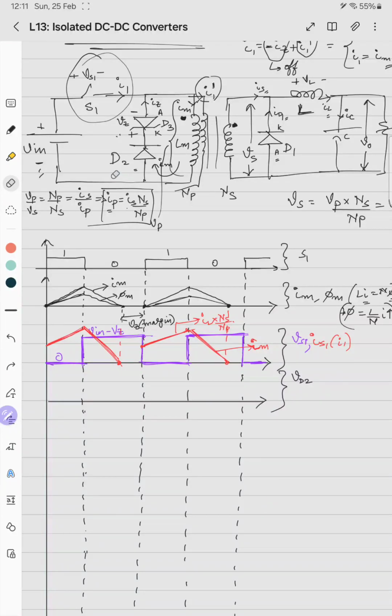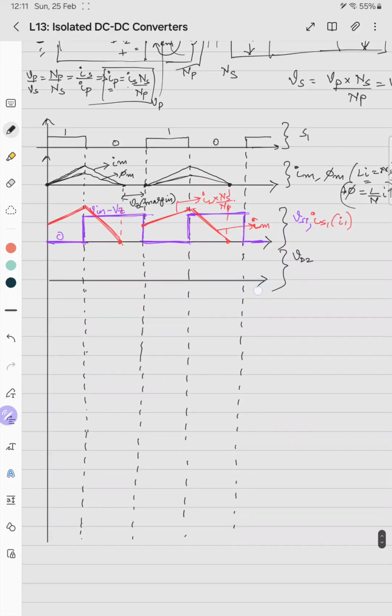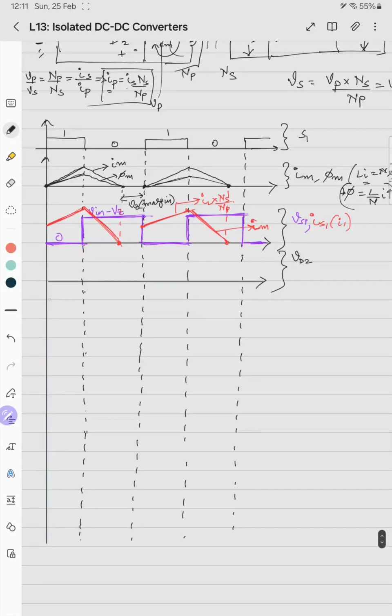This is plus and this is minus. So Vin plus Vz plus VD2 becomes 0, so VD2 becomes minus of Vin plus Vz.